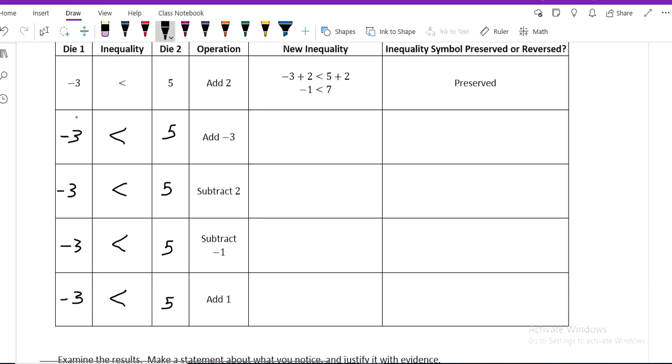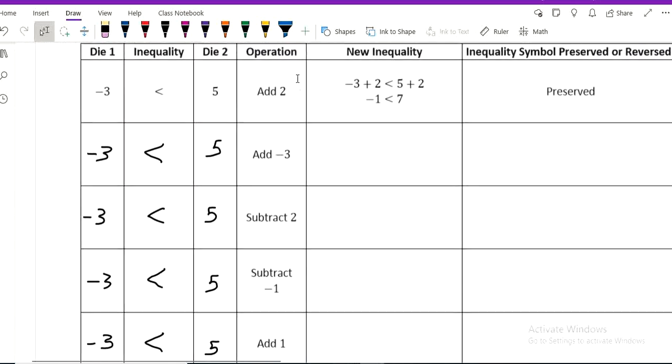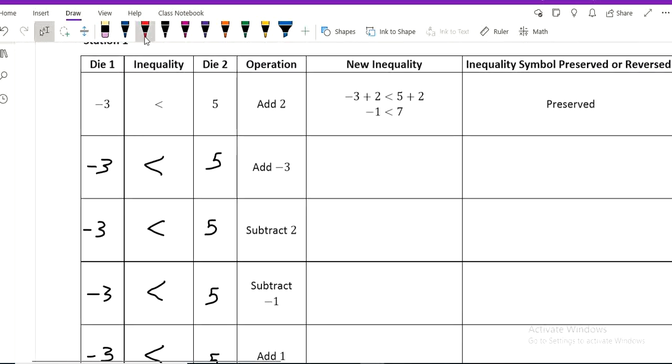So let's see, we're going to follow what they did here. I'm going to zoom in right here. The operation they want us to do is to add 2 each time. They're adding 2 to each side. You could think of it like this: what we do to one side, we do to the other. Have to do it to both sides.